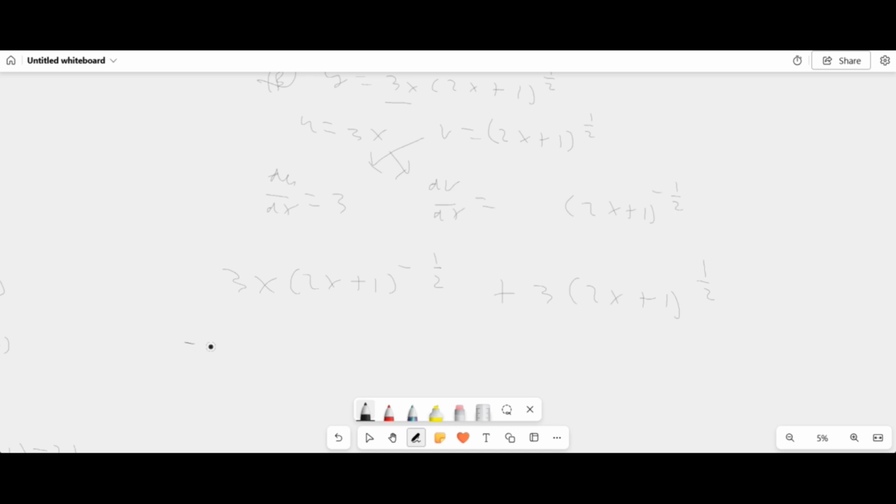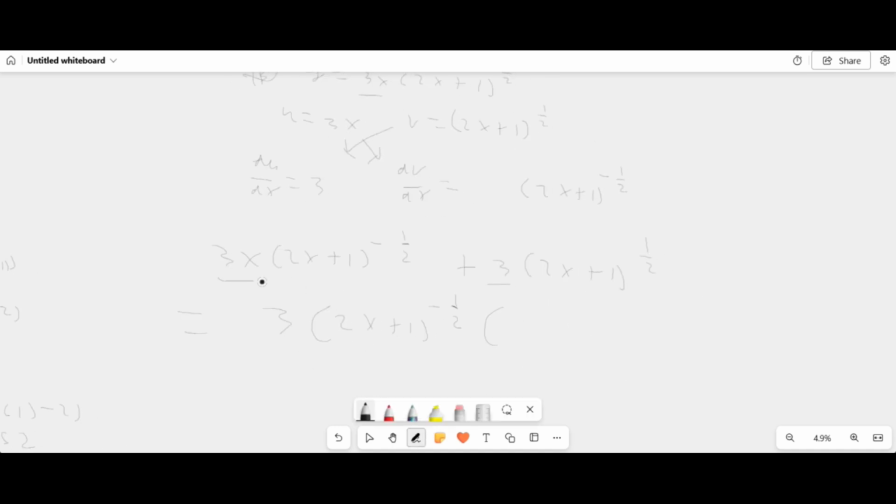Alright, cool. Now what you want to do, yeah, is you want to take out 3, obviously, because there's a 3 here, 3 here, so take out 3, and also take out, remember, the smaller one, so the minus a half is smaller than a half here, so take out 2x plus 1 to the power of minus a half here, and now open bracket. This whole thing divided by the thing below it is just going to leave you with x here, because the 3 goes away, so we just got x here, plus, 3 goes away, we divided by 3 already, and then 2x plus 1 to the power of a half divided by 2x plus 1 to the power of minus a half.